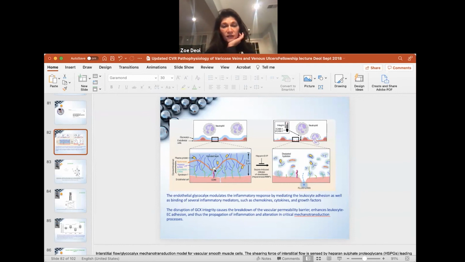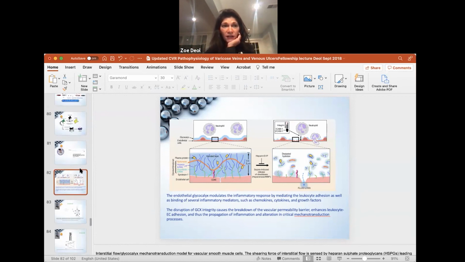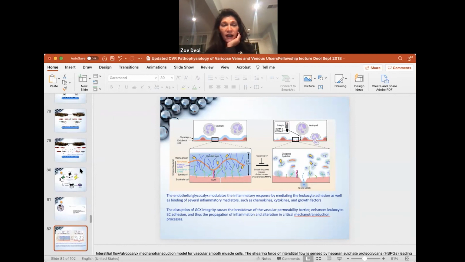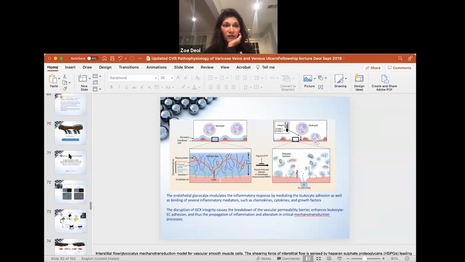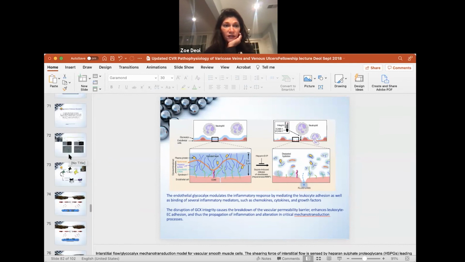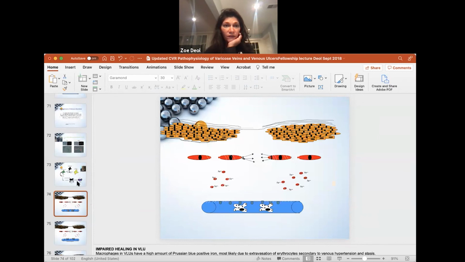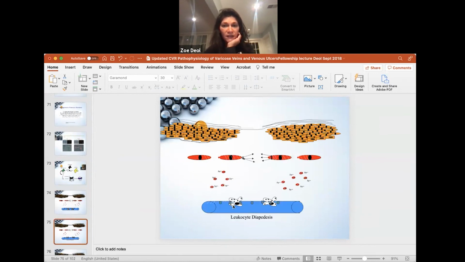Now with the cell signals, all of the cell signaling that I was talking about earlier, with the upregulation of IL-1, IL-6, the inflammatory cytokines, those are regulated and modulated by the glycosaminoglycans in the glycocalyx. So this little picture here, we're talking about the release of the leukocytes, or the diapedesis out.